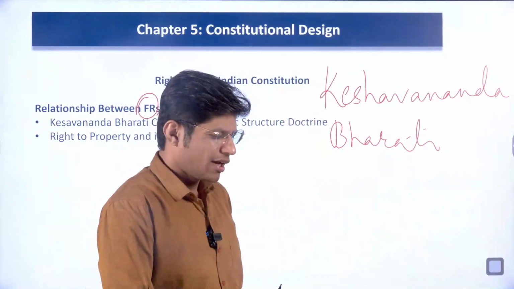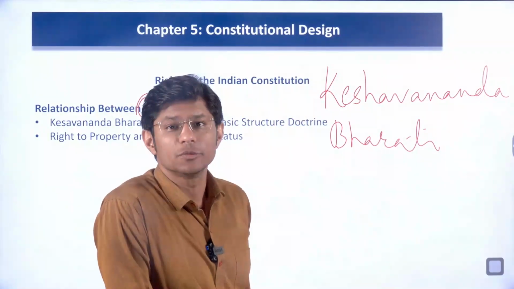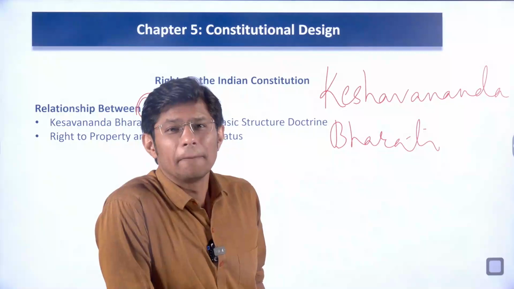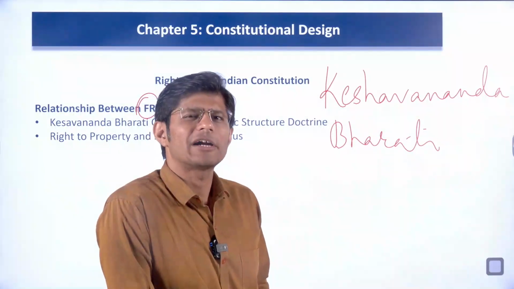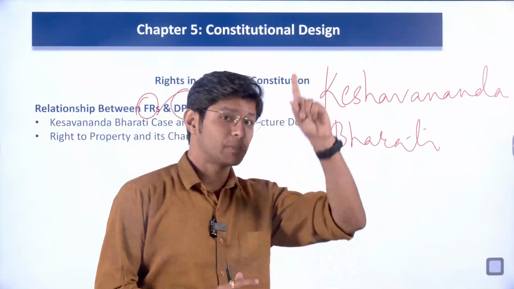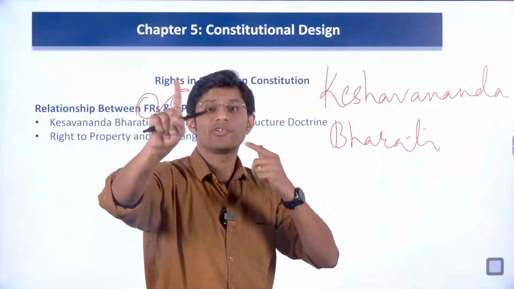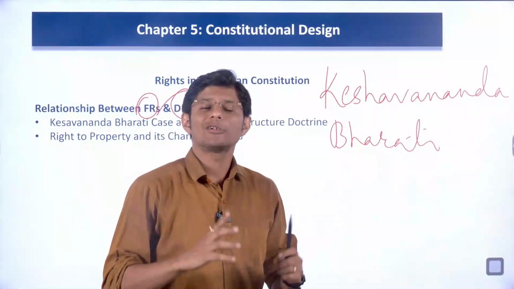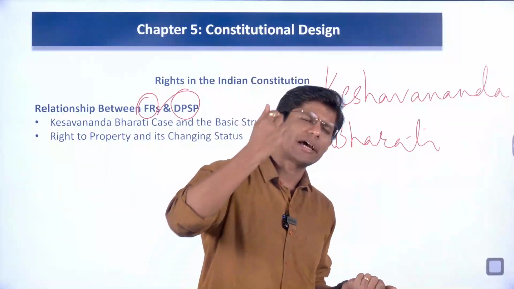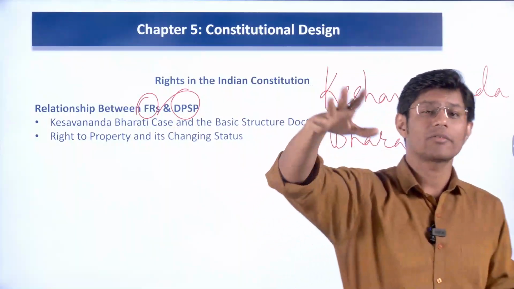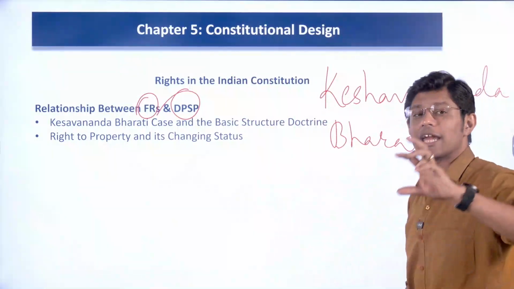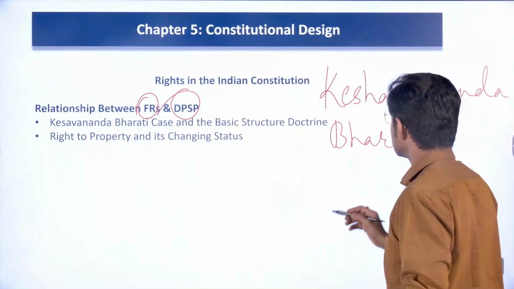This was a landmark decision given by the Supreme Court. The Supreme Court decided Parliament can amend any part of the Constitution. Initially, the Supreme Court said you cannot violate the fundamental rights. Now, the Supreme Court says that Parliament has the power to change any part of the Constitution, but cannot change the basic structure.